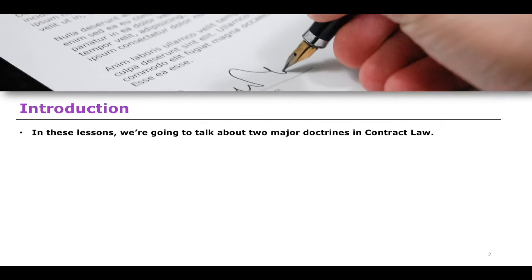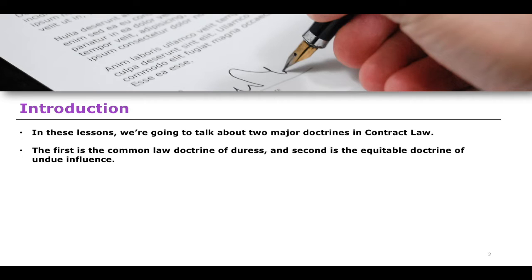Now, fundamentally, the lesson itself and the next lesson that we're going to look at are going to talk about a number of major doctrines within contract law that relate to this bringing of a contract to an end. The first is the common law doctrine of duress.